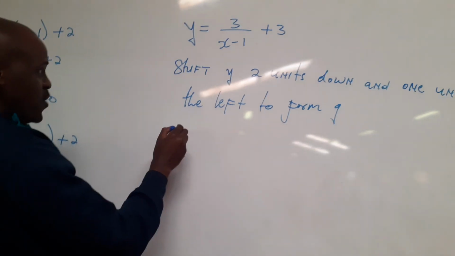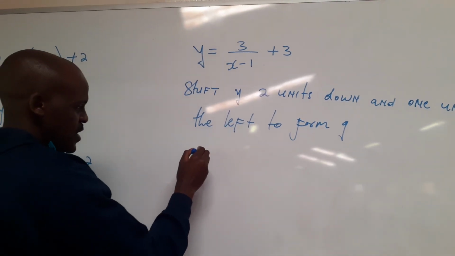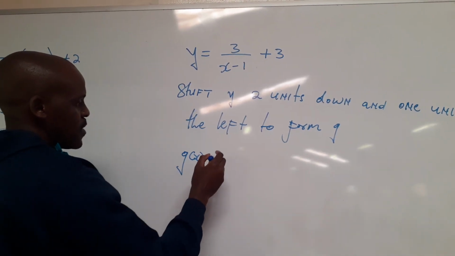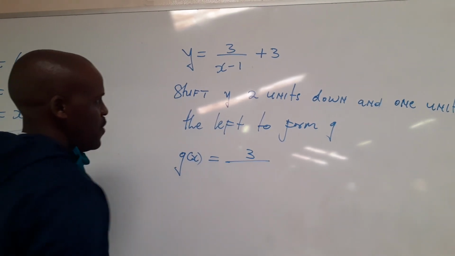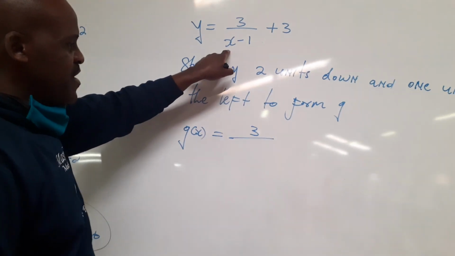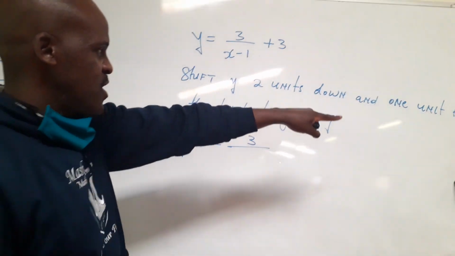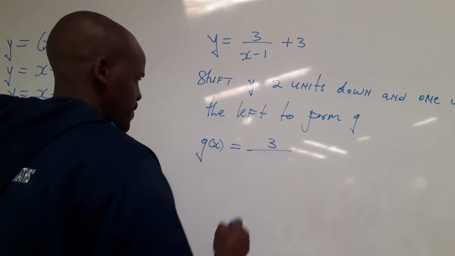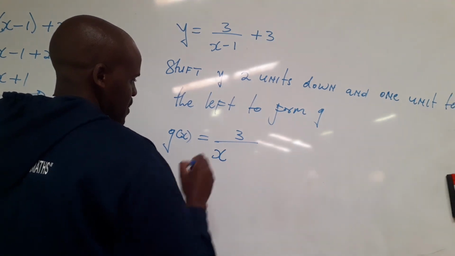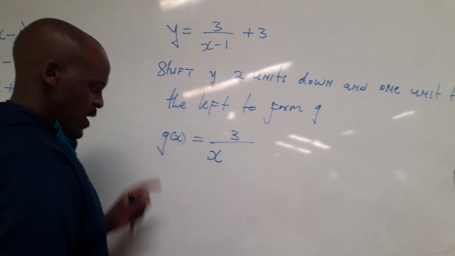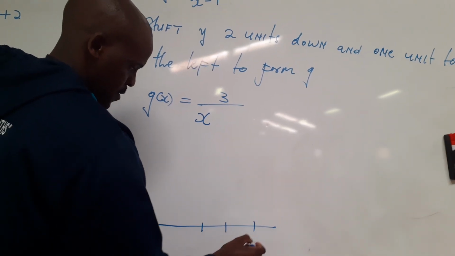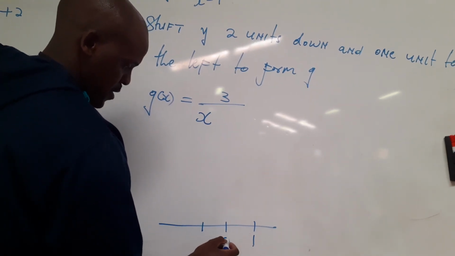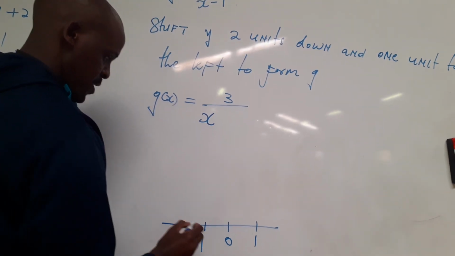It will be g at x equals 3 over. We are shifting this 1 unit left. From positive 1, 0, negative 1.